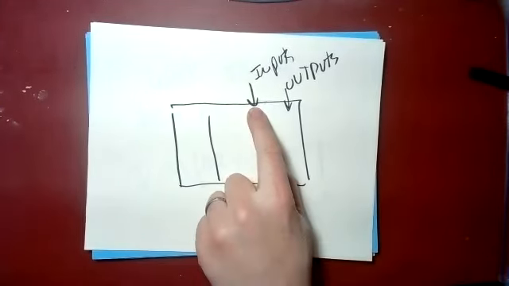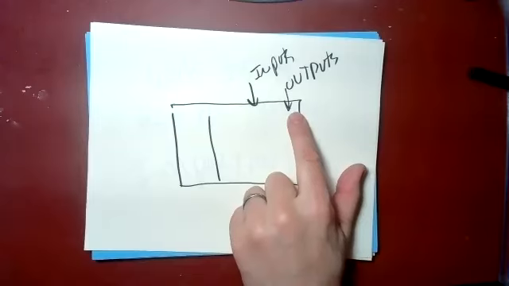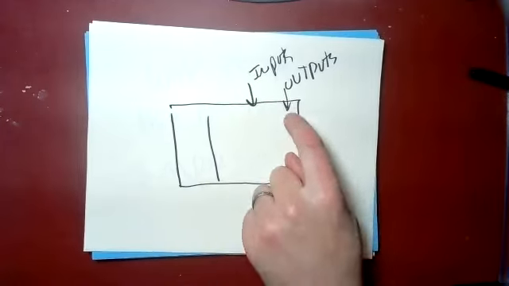In other words, it can be hooked up to something that gives it input data, for instance, a switch, which might be on or off, and it can be hooked up to output data, something like it could turn on a solenoid valve or a light. And so it can have inputs and outputs.